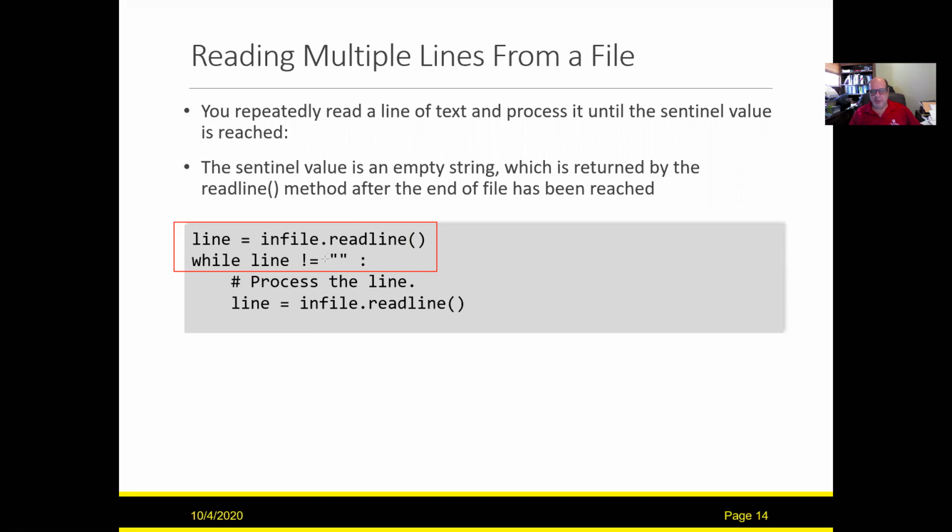When we get to the end of the file, it returns the empty string, or null string. Even if you have a single line with no visible data on it, it's not going to be null, because it will still contain the newline. The empty string is for the end of the file.